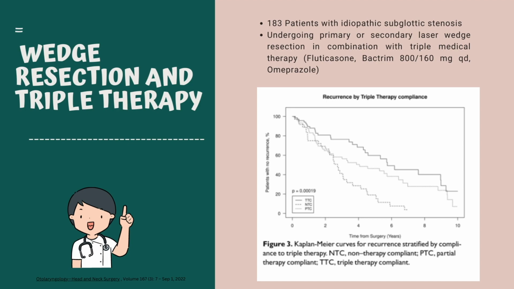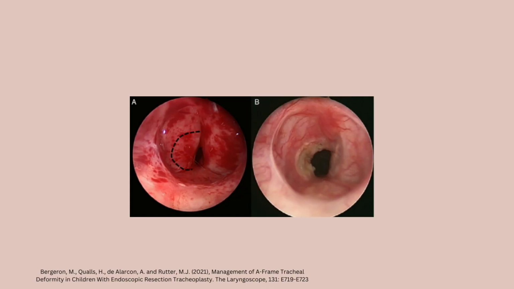One more thing that I have to talk about is A-frame stenosis. A-frame stenosis is when there is a fracture of the cartilage ring, so the anterior tracheal rings are fractured and there's no support of the anterior wall of the trachea. So the two lateral sides of the tracheal ring come together and create this A-frame stenosis.